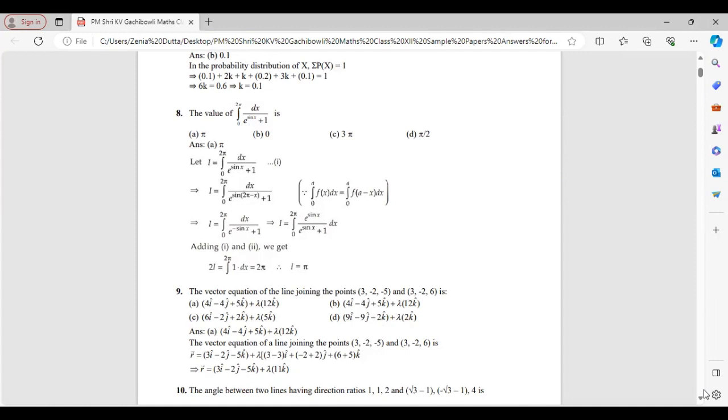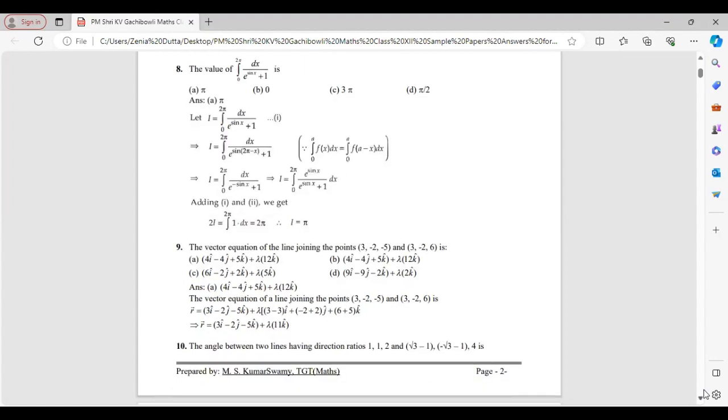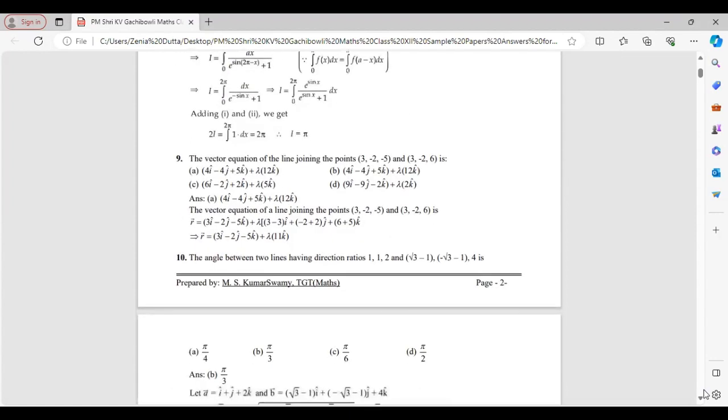So finally, we get the integral from 0 to 2 pi of e to the power sine x dx by (e to the power sine x plus 1). So adding 1 and 2, we are getting 2I equal to the integral of 1 dx, equal to 2 pi. So I is equal to pi. So this is basically using the properties of definite integral.